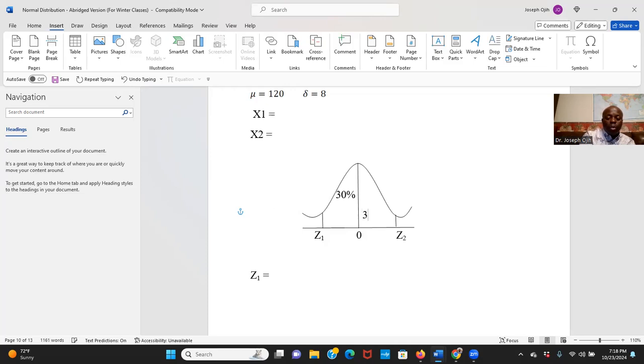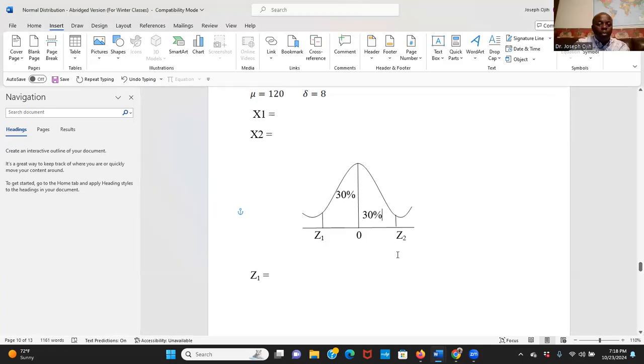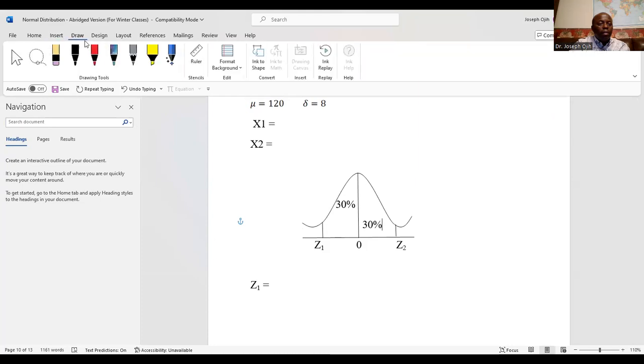Two of them make it 60%. Middle 60%, and it's at the middle. So that means those in between those two places.